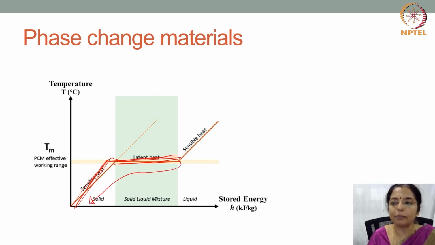So this is the principle of phase change material, because phase change materials are substances that can absorb and release thermal energy during the process of changing from one phase to another, say from solid to liquid or vice versa, at specific temperatures.